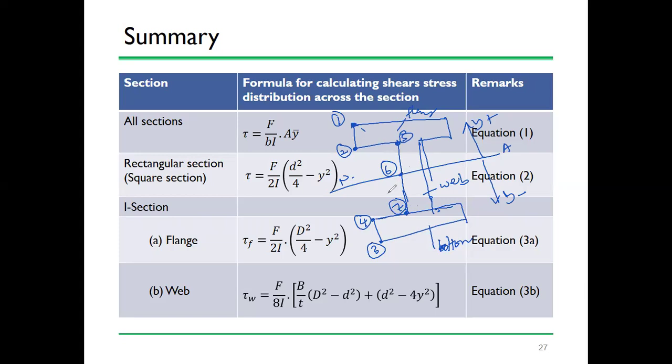But let me add that you can calculate several points as you want. So let's say the T is 10 millimeters, you can do it at every 1 millimeter interval. But I am only showing you critical areas that when you are able to calculate, you can plot your shear diagram.